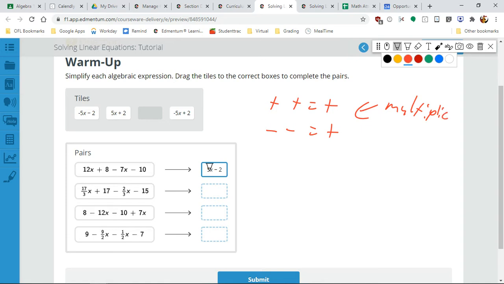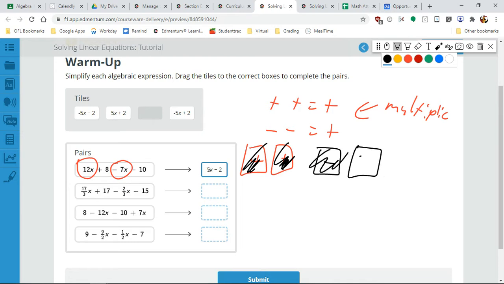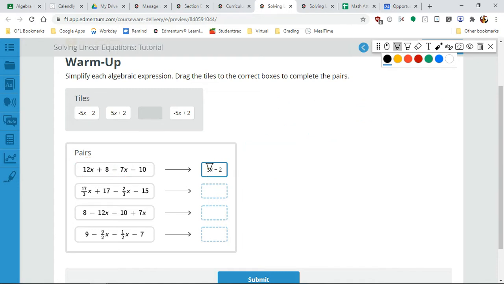When you're thinking about positives and negatives, picture that you have these positive x's and then these negative x's, and they're going to cancel each other out. If you have more negatives left, then your answer is going to be negative. That's the way to think of it when you're adding. When you're multiplying, they're different rules.